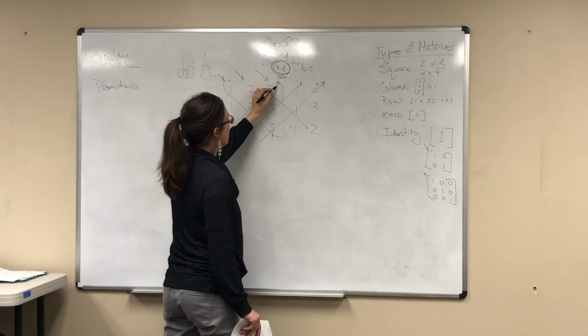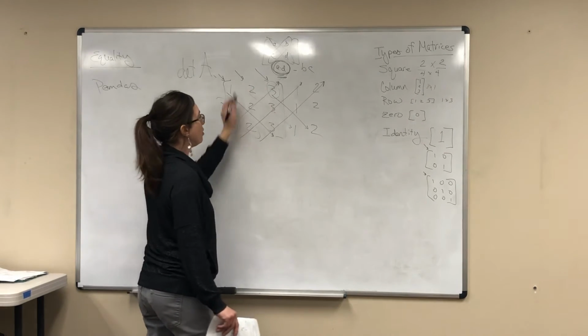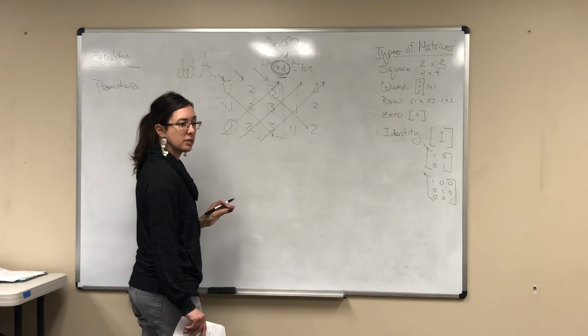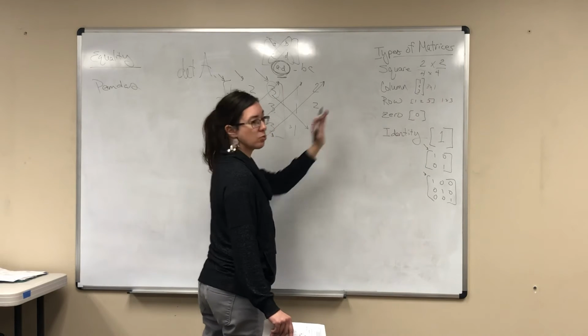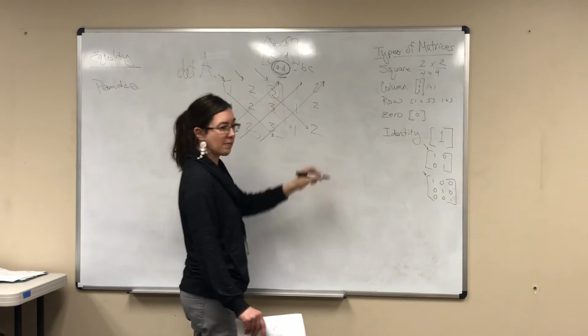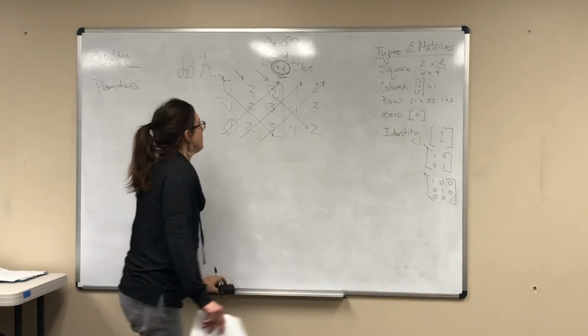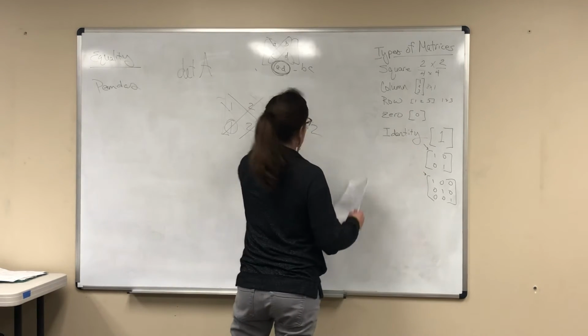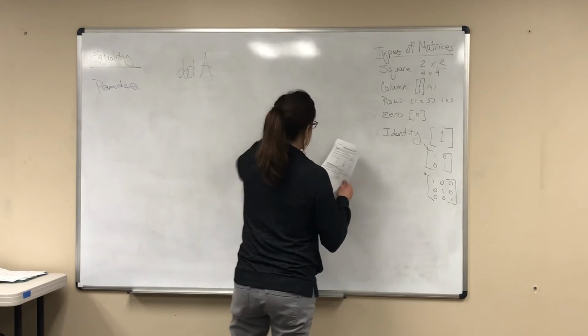And then this one would be 3 times 1 times 2. But it gets confusing whenever it's all inside the matrix. So it's much easier to just duplicate those rows on the outside, and you can keep everything in a straight line. So which ones do you duplicate when there's not just 1, 2, 3, and there's negatives? We're going to do number 5 together. Okay? So let's look at number 5.